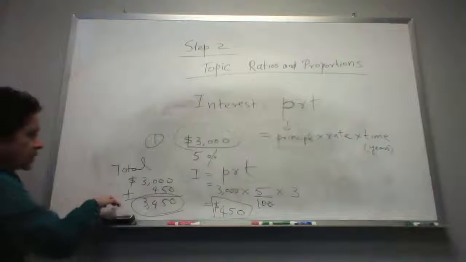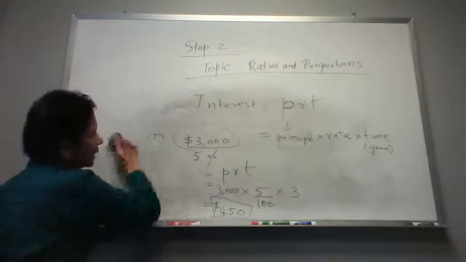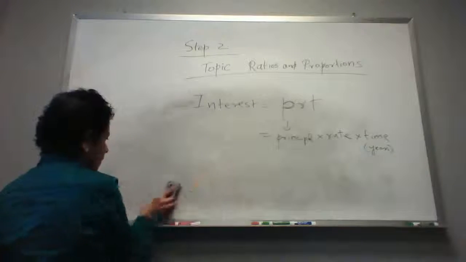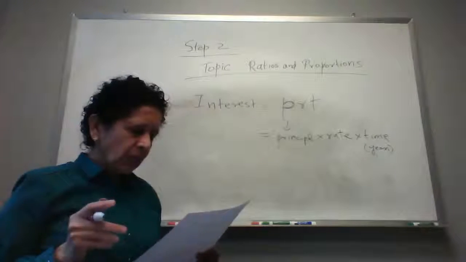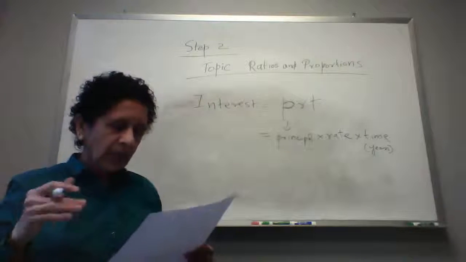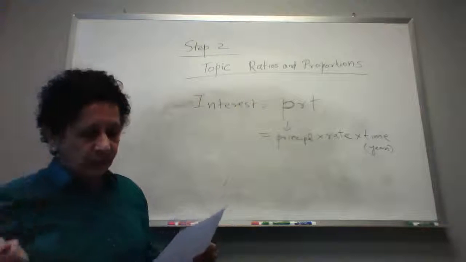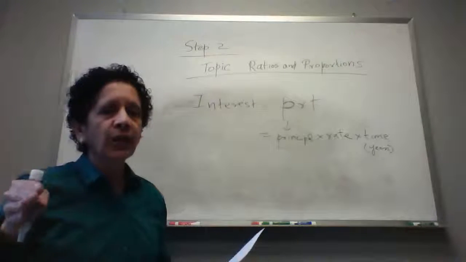And sometimes in these kinds of problems, they give you, for example, the next problem. So they give you sometimes like this. If you have invested P dollars, so we don't know exactly what that is, at 5% simple interest, and if you receive an interest of $450 in 3 years, how much money did you invest?